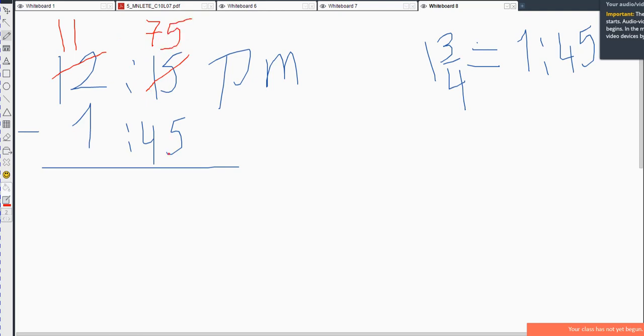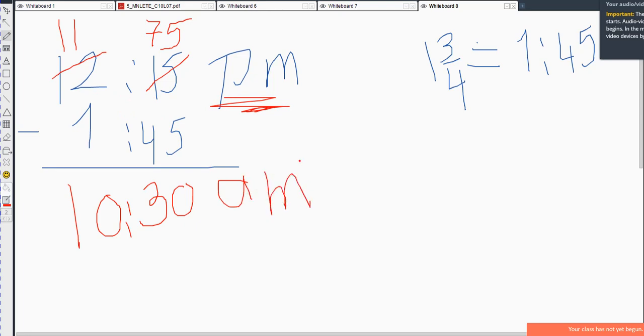Then 75 minus 45 is 30. And 11 minus 1 equals 10. So it will be 10:30. 10:30 what? It is earlier than 12:15 p.m., so it will be a.m.